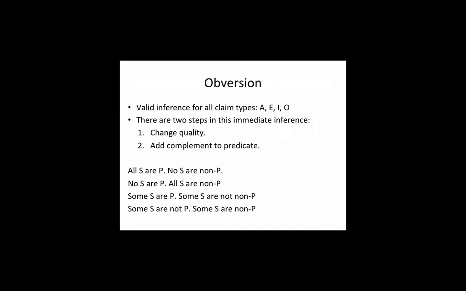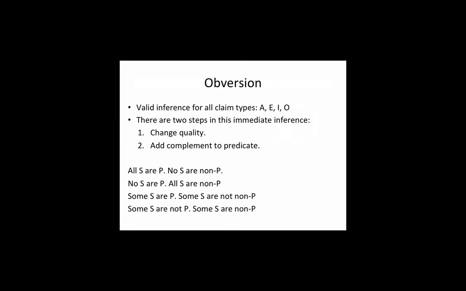Remember, quantity is the how much, universal or particular. Quality is the mode, or the in what way, which means affirmative or negative. So we leave the quantity alone, we change the quality, and we add the complement to the predicate. Now, the complement of a claim, remember, is everything outside of that class. And linguistically, that's designated with the expression non.